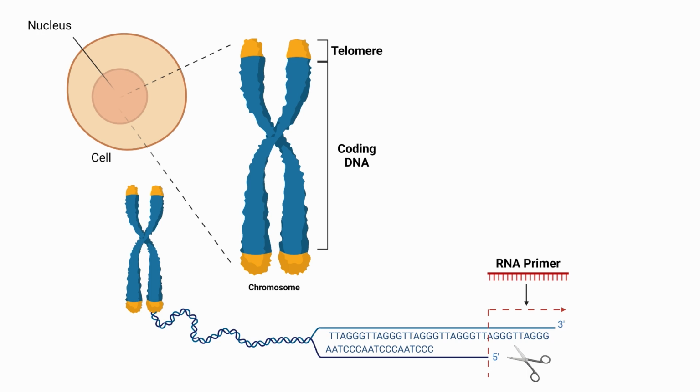So you can't do that. So the cell has a solution in these telomeres, which are just repeat sequences of nucleotides, the molecules that make up the DNA, of TTAGGG. So it just continues to create those six nucleotides over and over and over again.